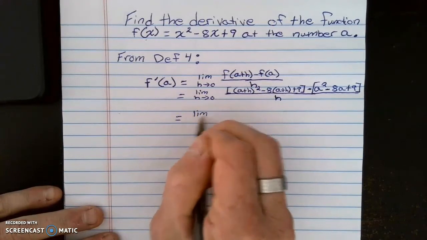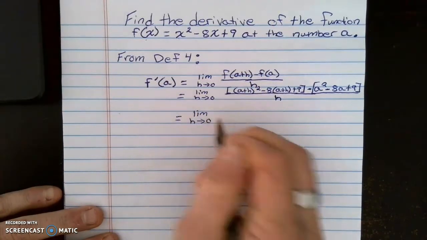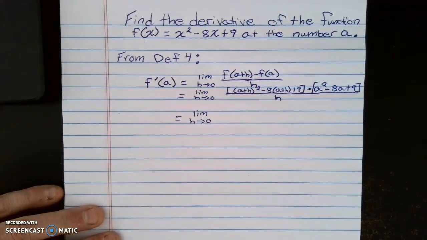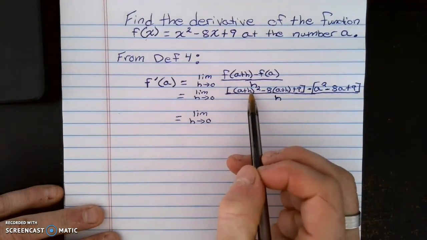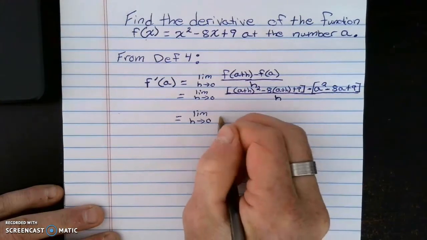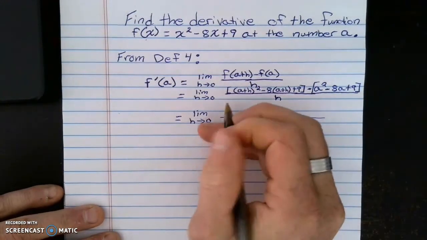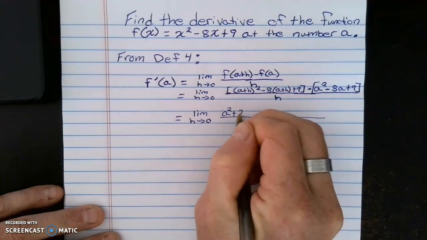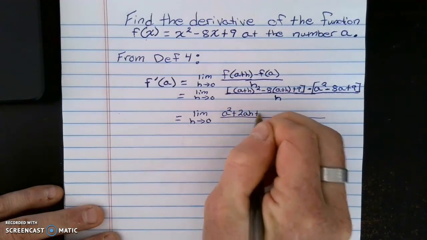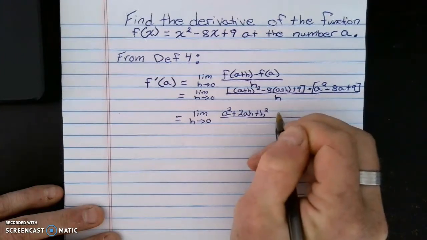We have the limit as h approaches 0. And now to simplify this, I need to do a plus h times a plus h, which we should be able to do with our eyes closed at this point: a squared plus 2ah plus h squared.